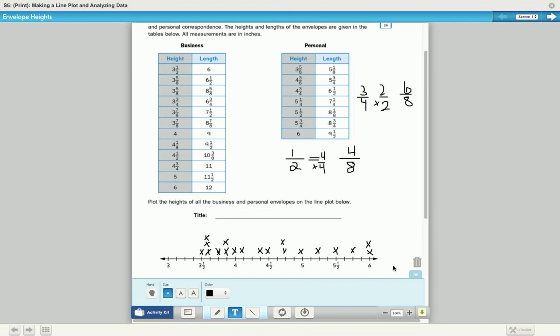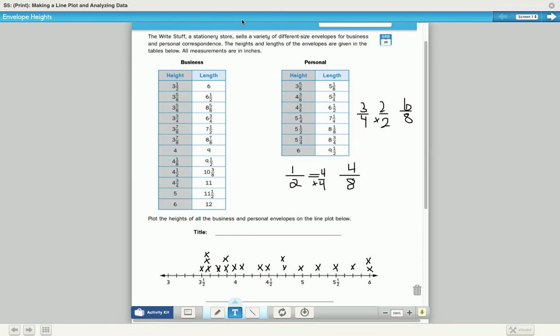So remember, you've got to think about what the line plot is showing, okay? So again, you can read through the little story and figure out what we are showing in our line plot. Well, what they wanted you to do was, down here, they tell you that the Right Stuff has all these different envelopes and they are putting them in a line plot, or they're measuring them so they know what sizes they have available. And then they want you to plot the heights below.